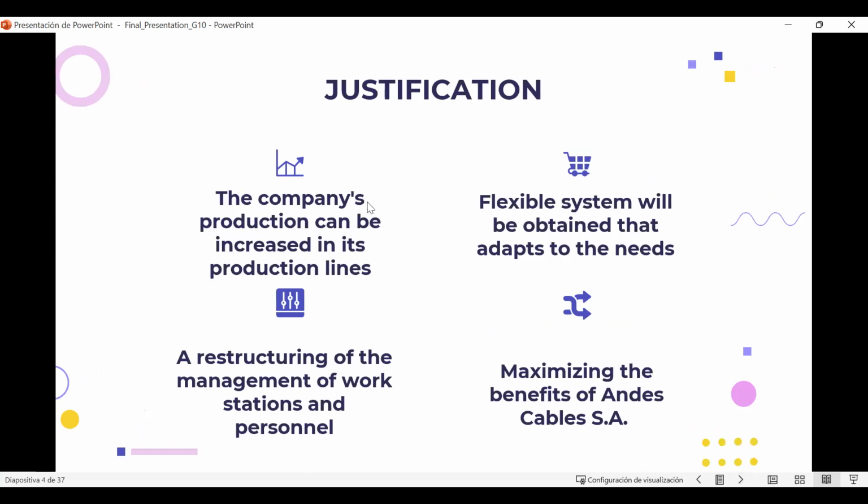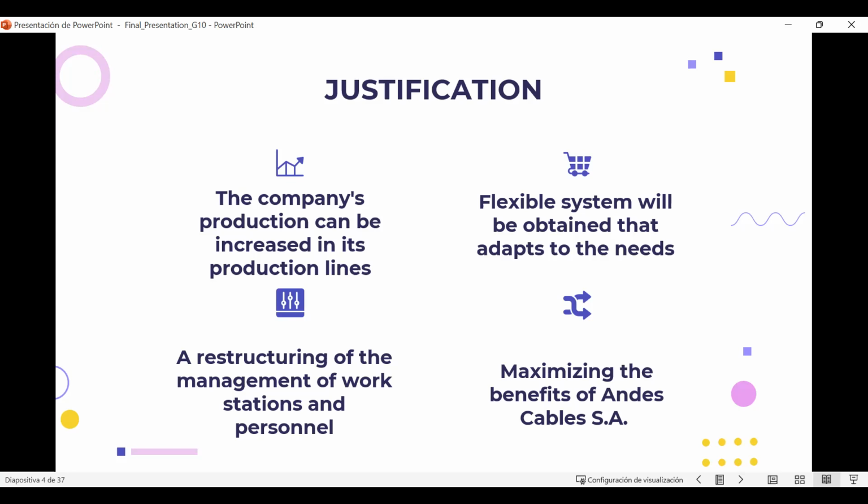On the other hand, the justification is that this project will be carried out in such a way that the company's production can be increased in its production lines, as well as the quality of its products, focusing attention on the problems that Andes Cables presents in its production and storage line.